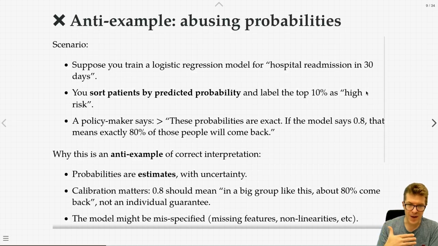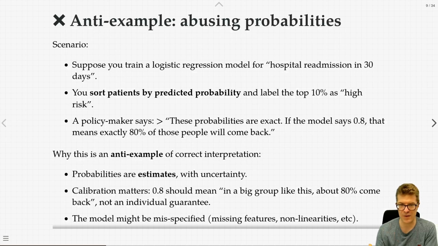A policymaker, or maybe a CEO at the hospital, might say something goofy like, these probabilities are exact. If the model says 0.8, that means exactly 80% of these people will come back. And that's one of the things that people get wrong with probabilities amongst dozens of other things. These probabilities are estimates. They're estimated from data. There's all kinds of other confounds that can go into these estimates.